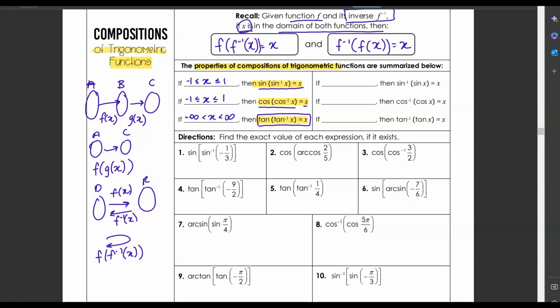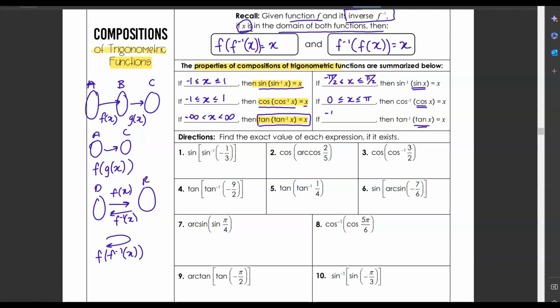Now, looking at it the other way around, the domains change a little bit because I'm starting with the sine. It always depends on which function you're starting with. We always want to start with the innermost function. So here we're doing sine of x, so x has to live between -π/2 and π/2. Then we have 0 less than or equal to x, less than or equal to π.